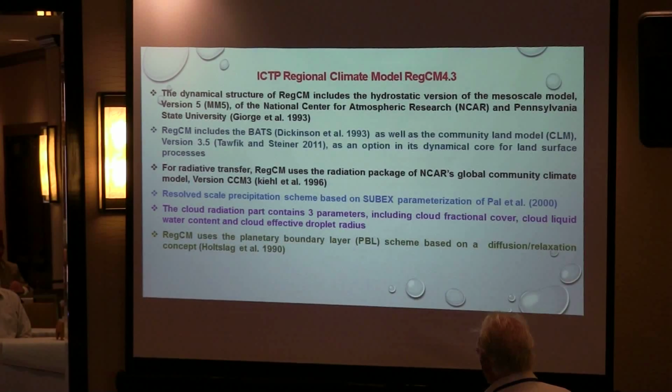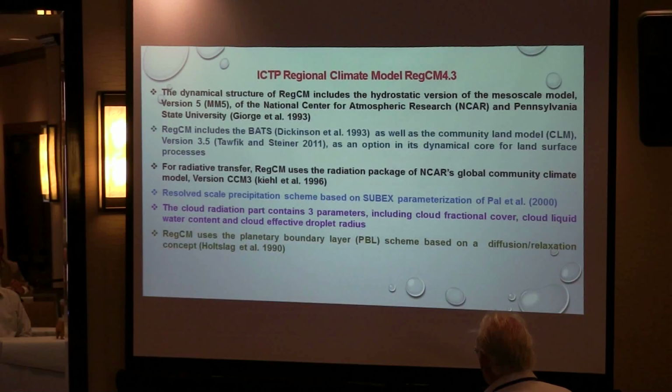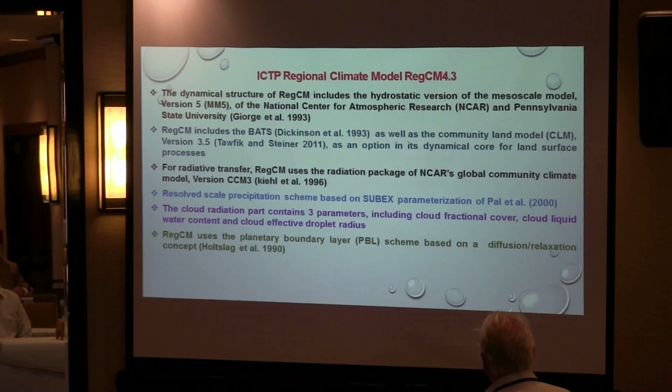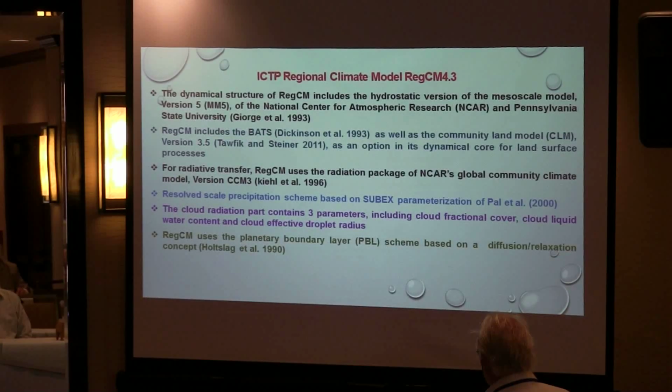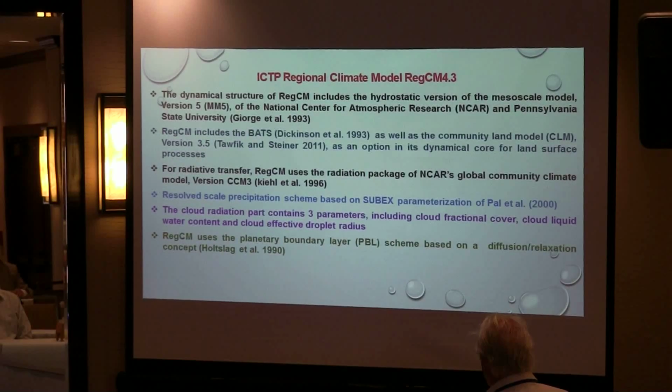The radiation package contains the NCAR Community Climate Model version 3. Resolved scale precipitation contains the sub-grid explicit moisture parameterization scheme, and the cloud radiation part contains three parameters: cloud fraction cover, cloud liquid water content, and cloud effective droplet radius.